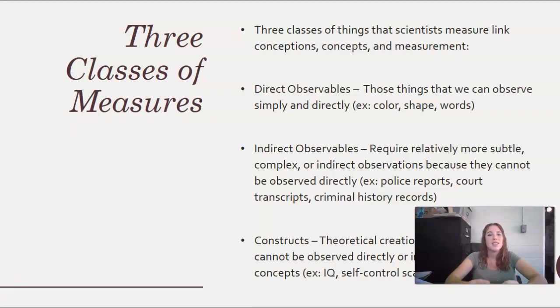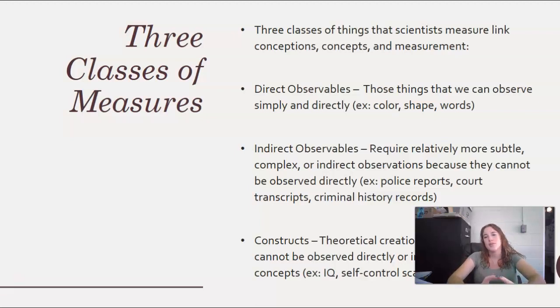We are able to test it in different ways. We've created measures in order to get at people's intelligence, but we can't ever directly or even indirectly observe someone's actual intelligence. So instead, we come up with a test that we feel indicates levels of intelligence, and we are able to assign a score to the questions that are asked in that test, and then we tally them all up.